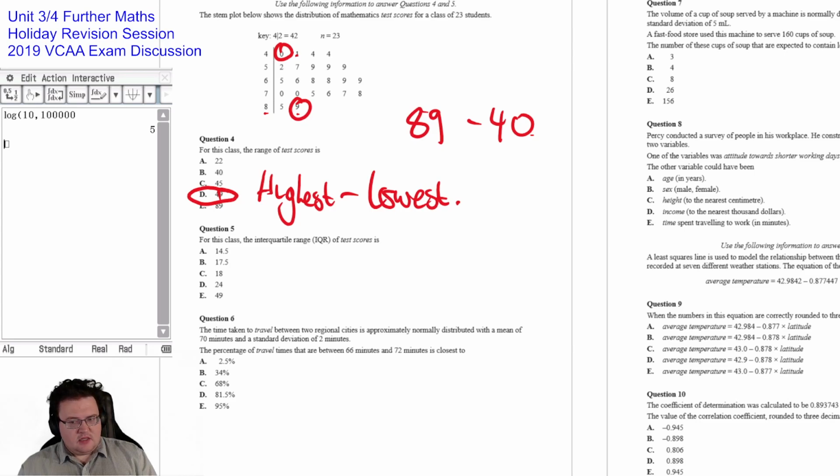I think the quickest way to do this might be to turn this into a CAS. So let's do it on the CAS. First things first, I'm just going to clear up my little markings so that I can actually read the numbers properly.